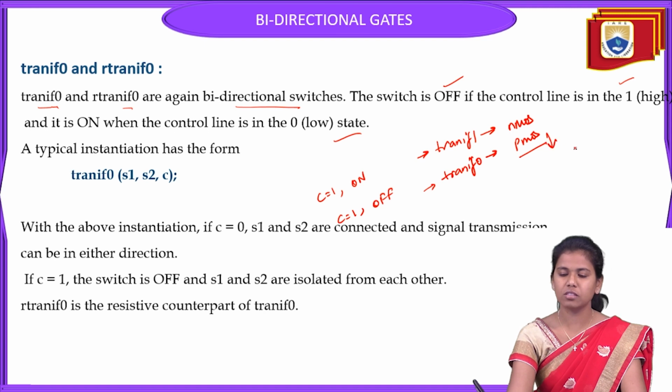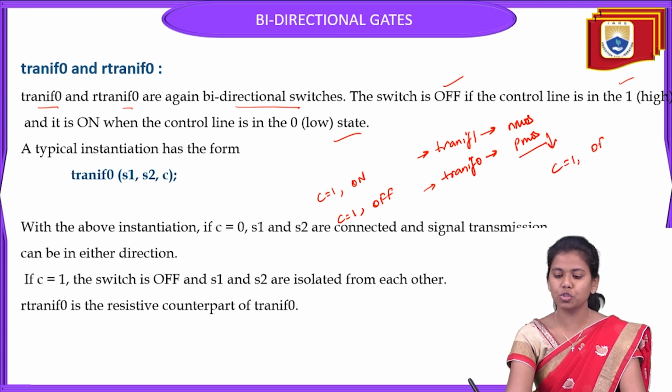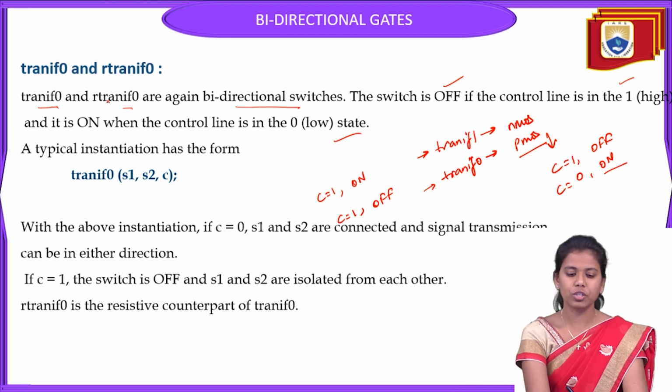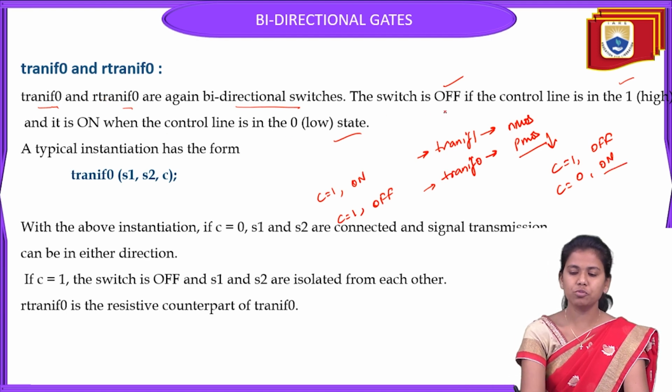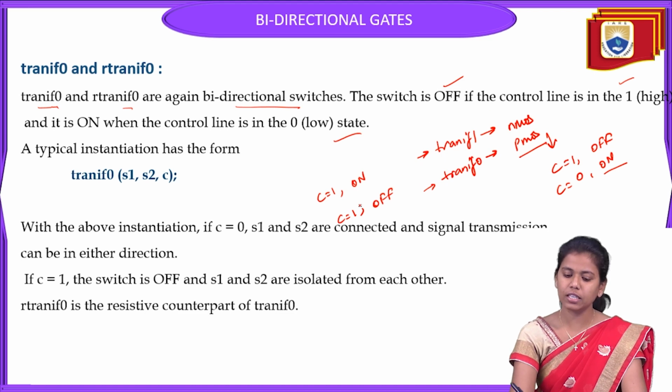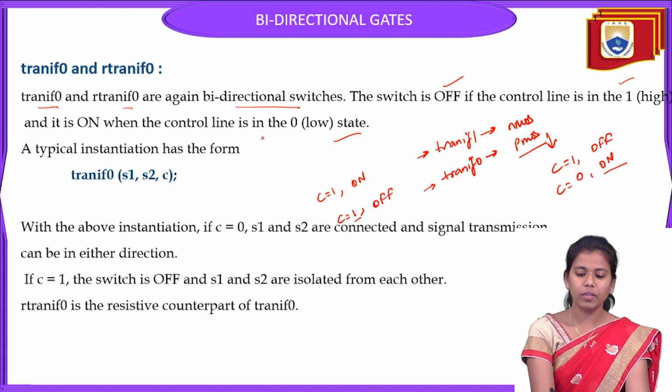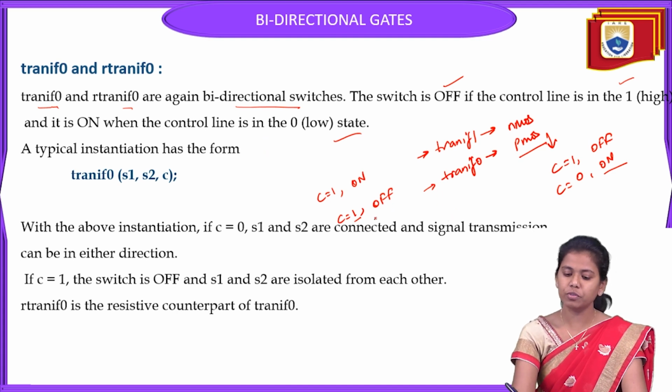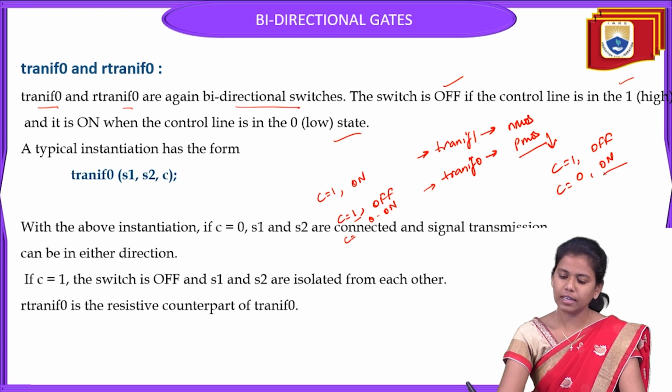In a PMOS transistor as well, when the control signal is 1, the switch goes to off condition, and when the control signal is low, the switch goes to on state. Similarly in tranif0, the switch is off if the control signal is 1, and when the control signal is low, the switch goes to on condition.